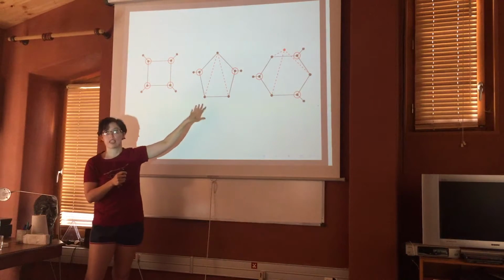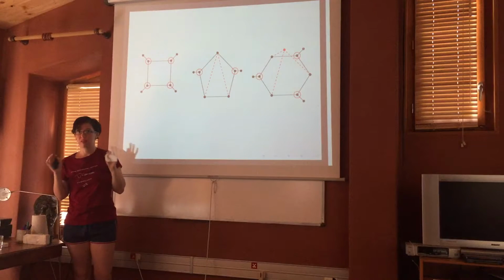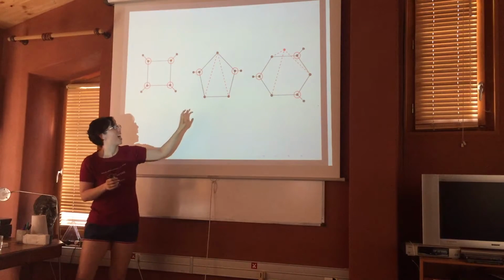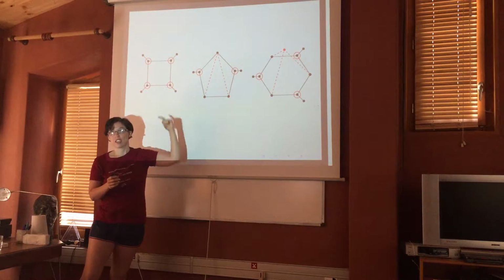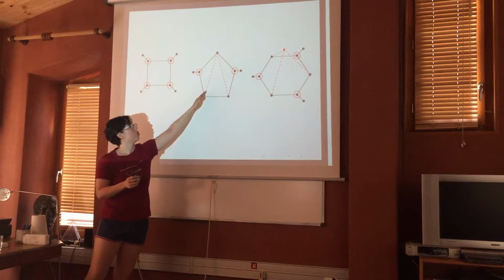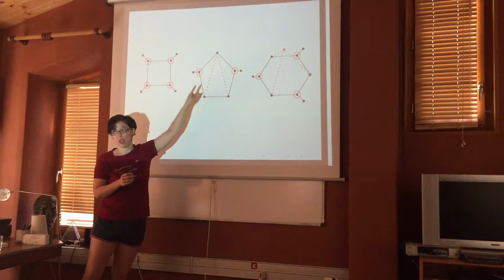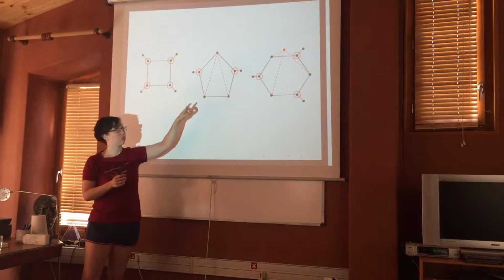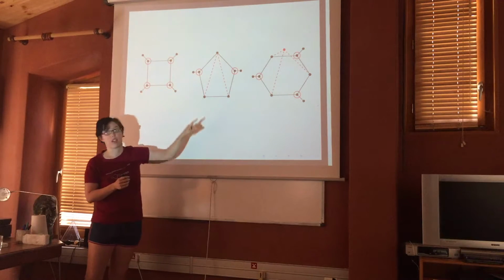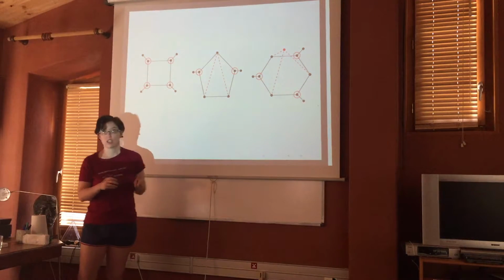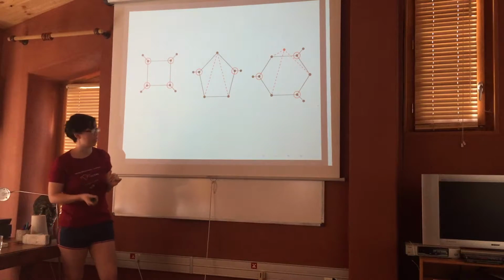If you have something that sits like this in your graph, that's a place where you can do a pentagonal extension. And you have 2 degree 3 vertices in a 5-cycle, and you don't have either of these 2 edges. So those 2 vertices are non-adjacent in your graph. It has to be that way.